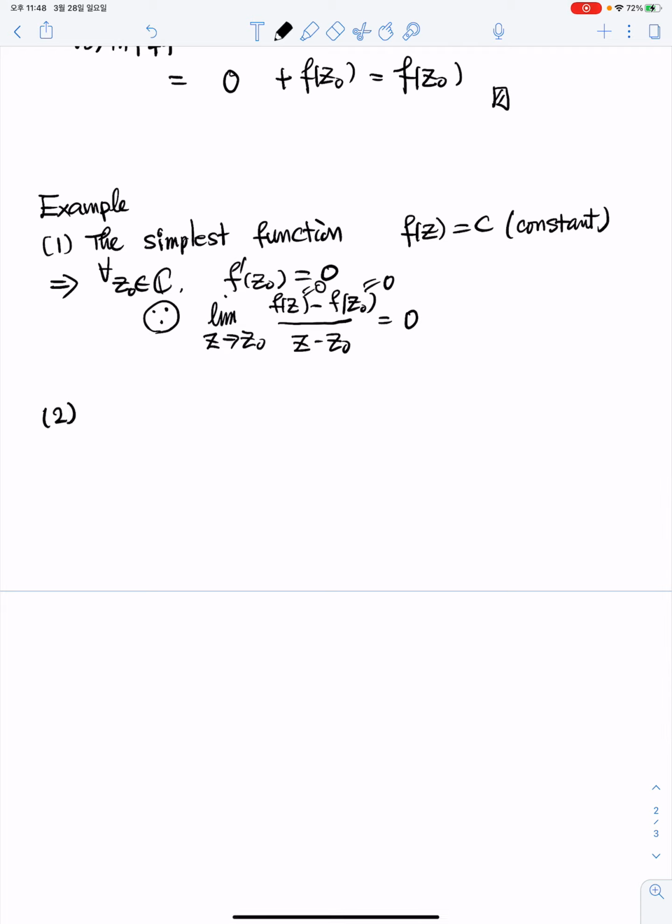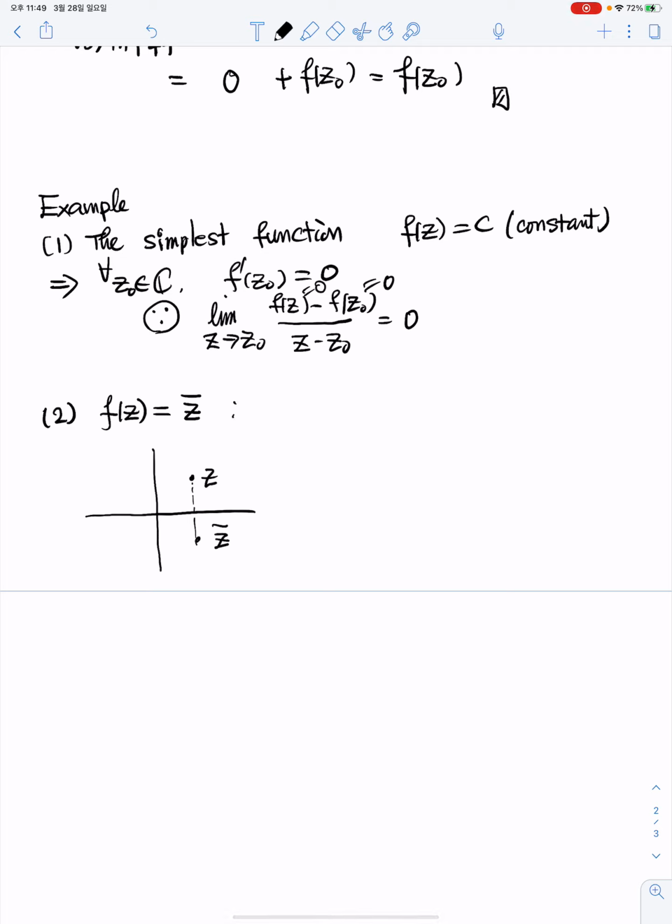Second example. Let me look at this function, f(z) equals z conjugate. So that means you take z, and here the conjugate is this one. Okay.